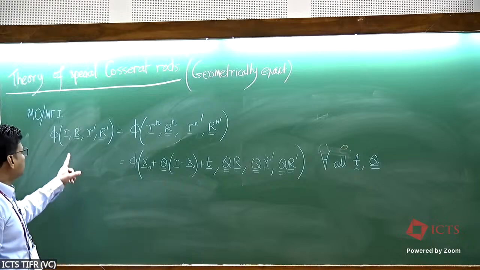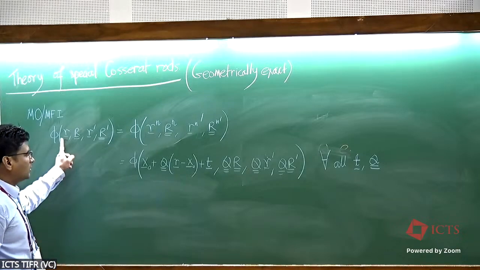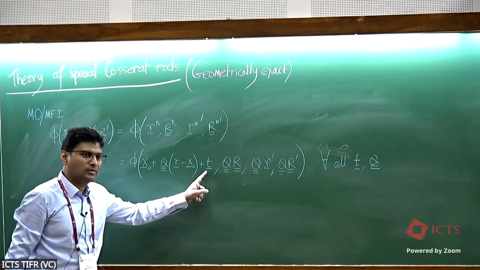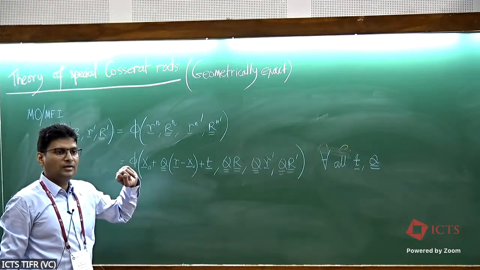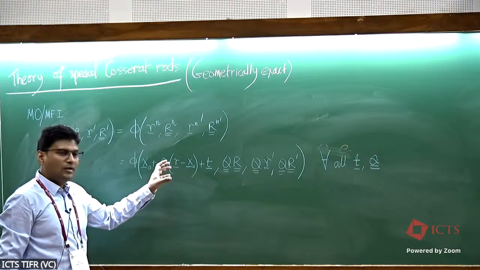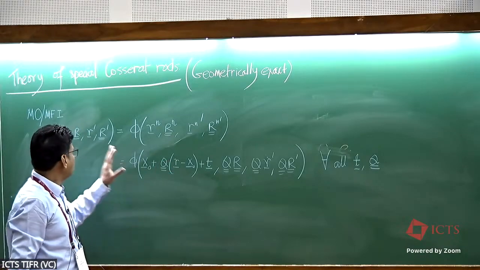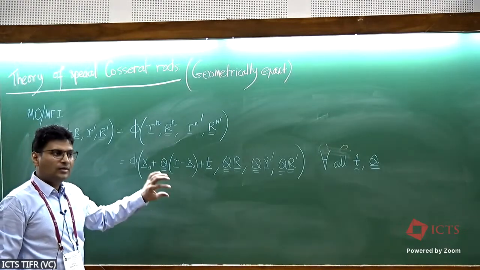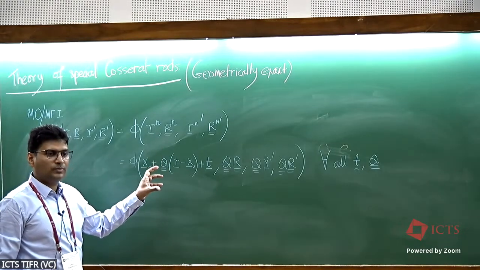Look at the first argument, for example. You have this little r. You can make it 0 by choosing some T, right? By choosing some T and Q, you can always make it 0. So this first argument sort of always becomes 0.